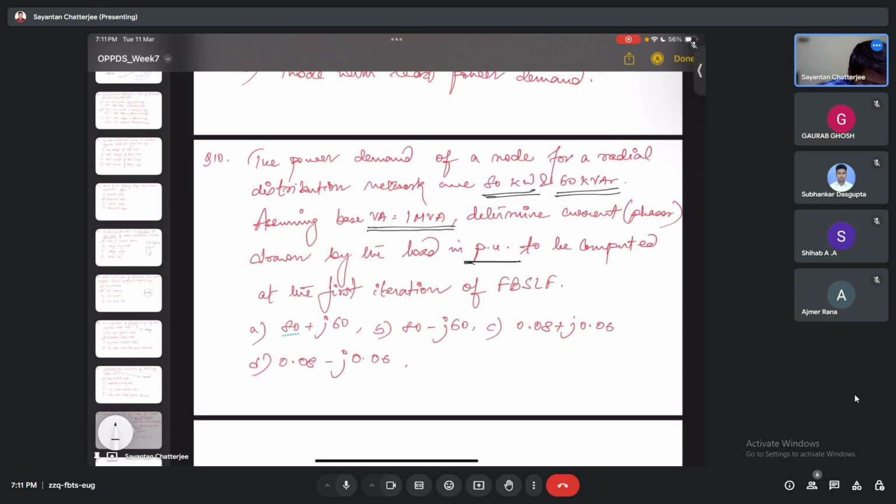So for the first iteration of a load node, we know the voltage value. It's 1 angle 0, right? So take 1 pu as the voltage value for the first iteration. Yes.